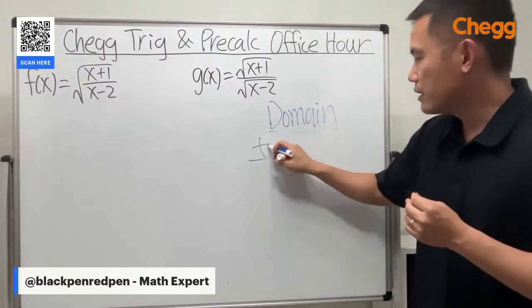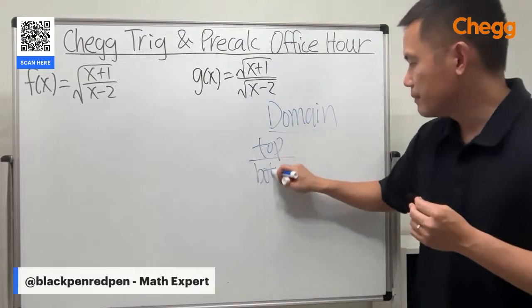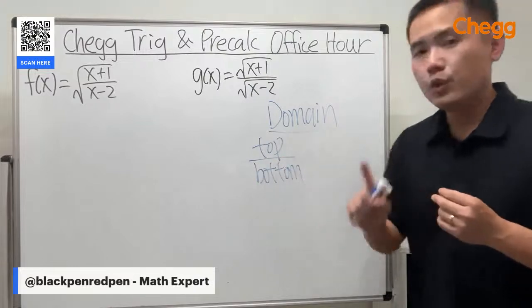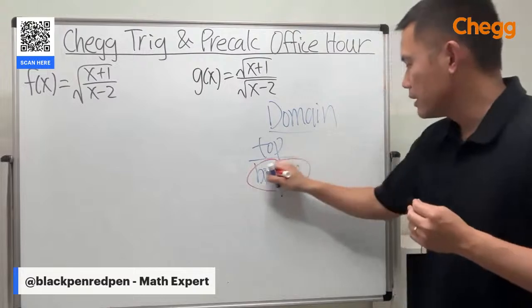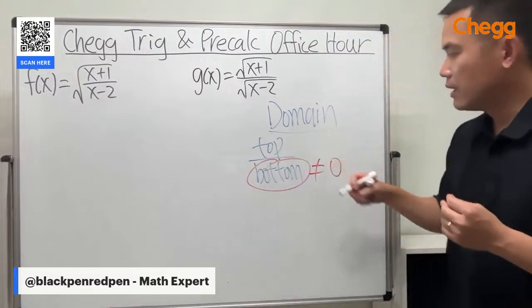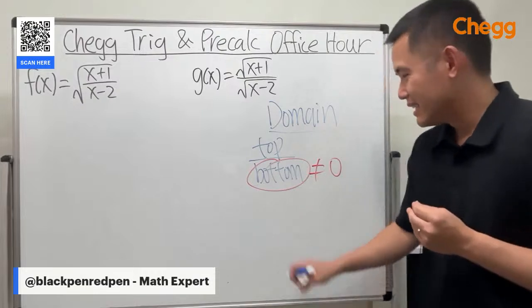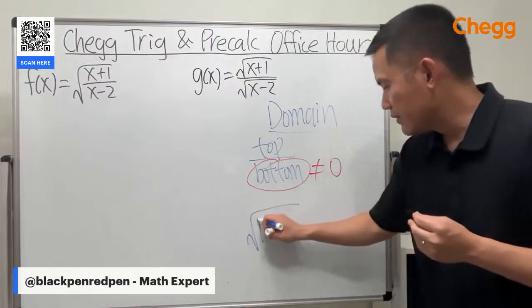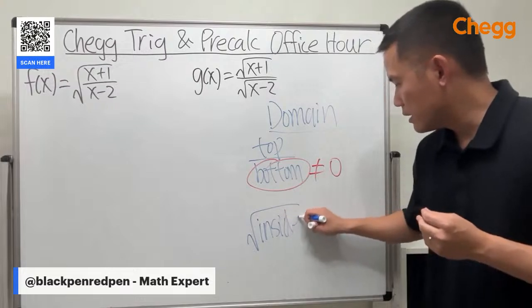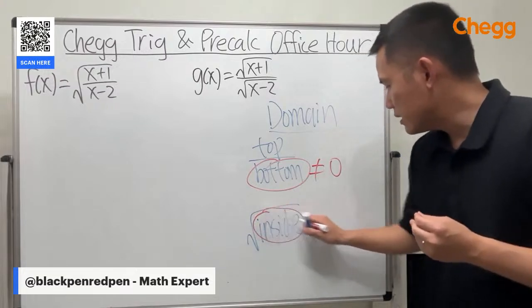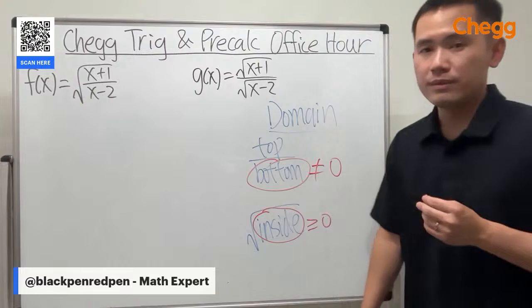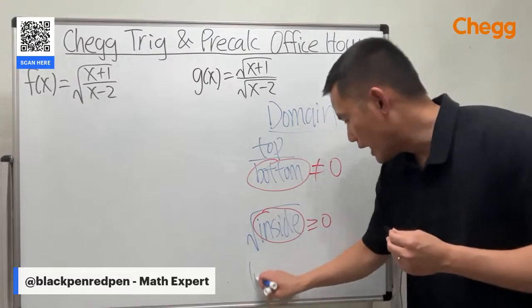First, when you have a fraction, top over bottom, you will have to make sure the bottom cannot be 0. Dividing by 0 is not defined. Next, square root. If you have the expression inside, you will have to make sure the inside is greater than or equal to 0.